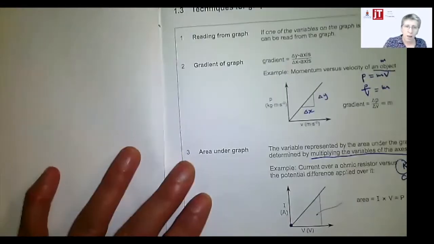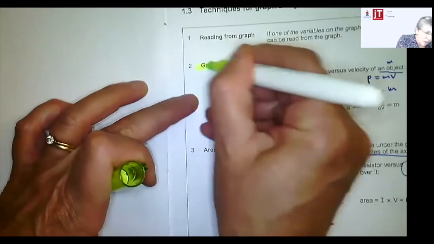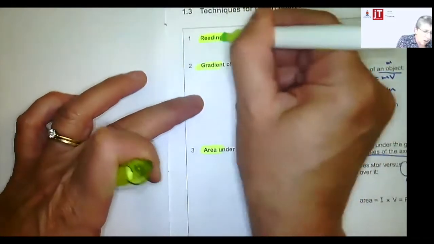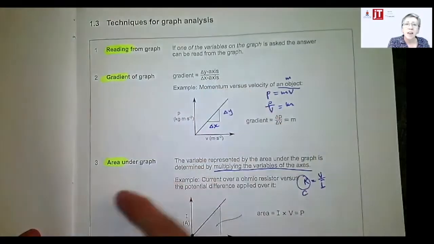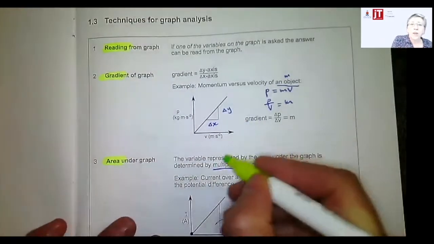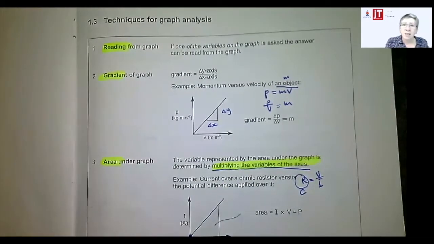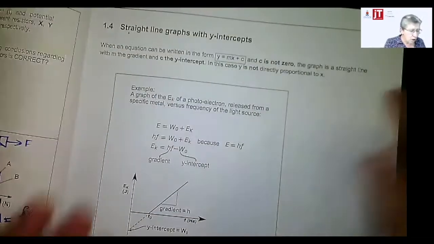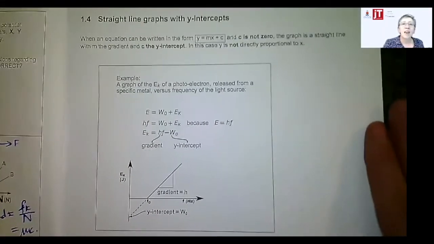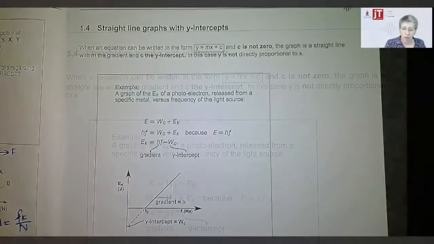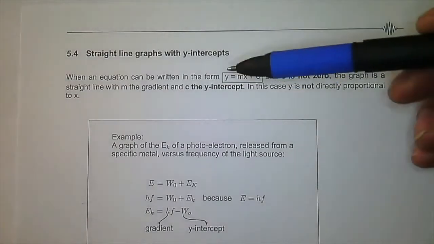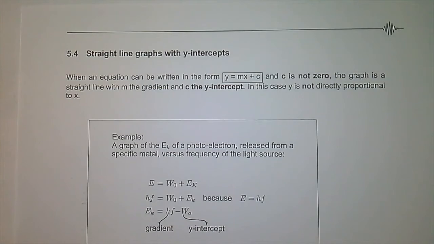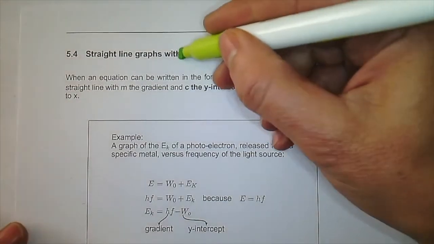So remember, you can use the gradient and you can use the area and you can read from the graph. For gradient, it's y-axis divided by x-axis. And for area, you are going to multiply the axes. Right, moving on. Now, how about a straight line that is not going through the origin? Now we are moving on to straight lines, but straight lines with y-intercepts.